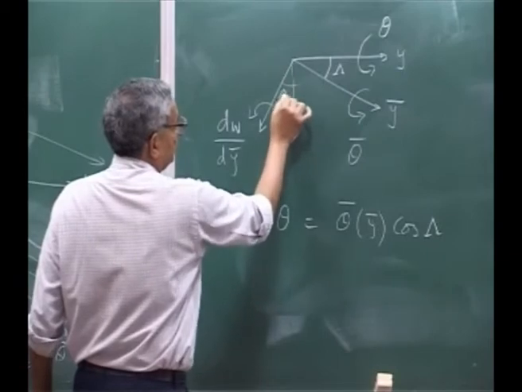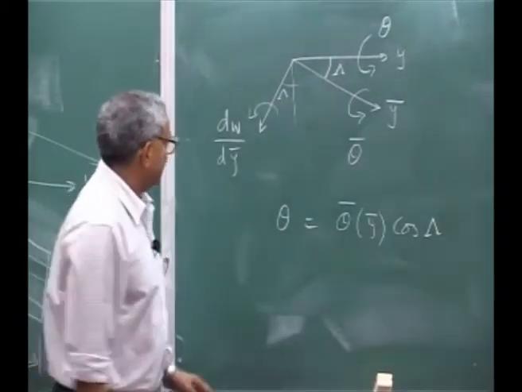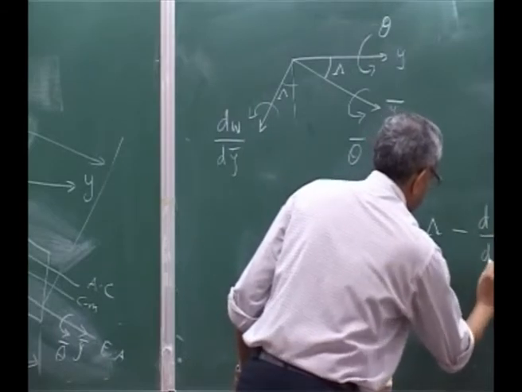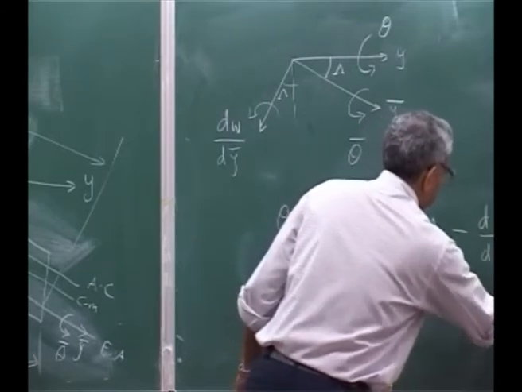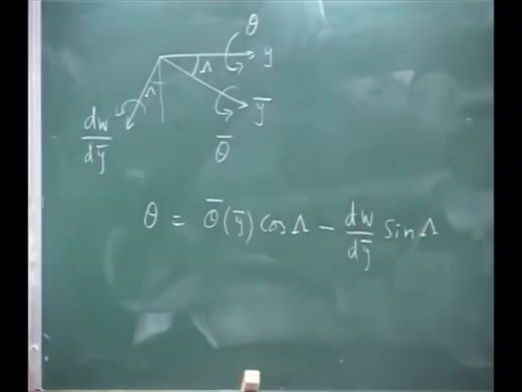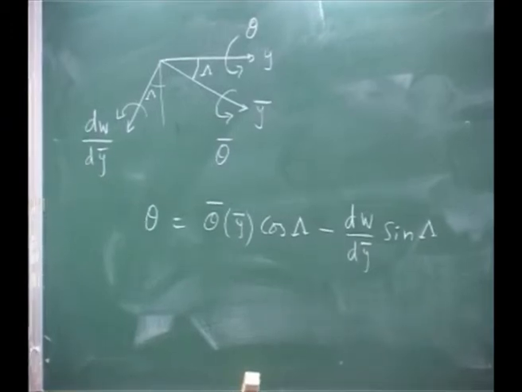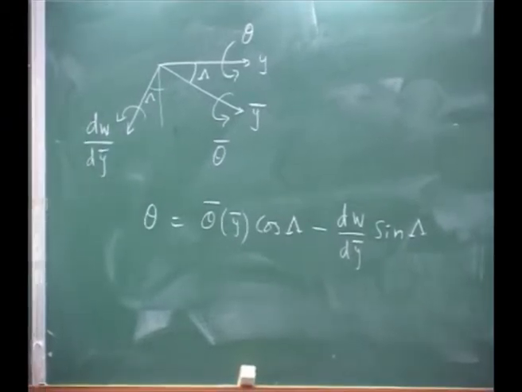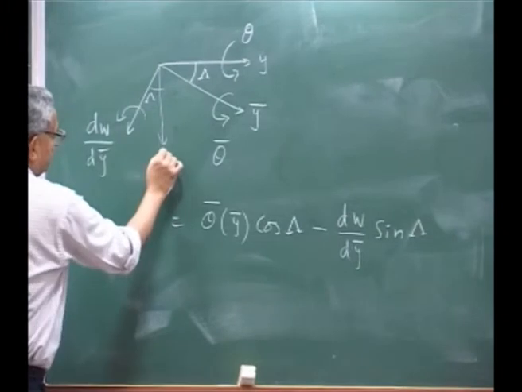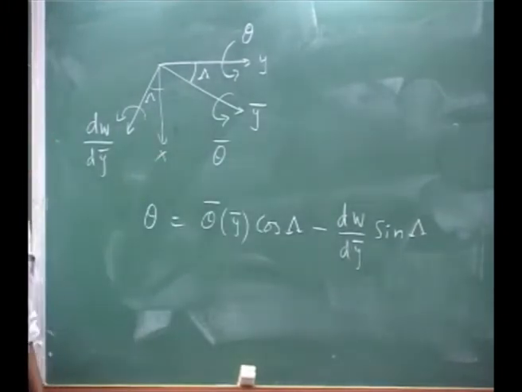This is lambda, so this will go sine lambda, you will get minus, okay. Now this is my change in angle of attack. Basically this is my x-axis. I got my change in angle of attack.